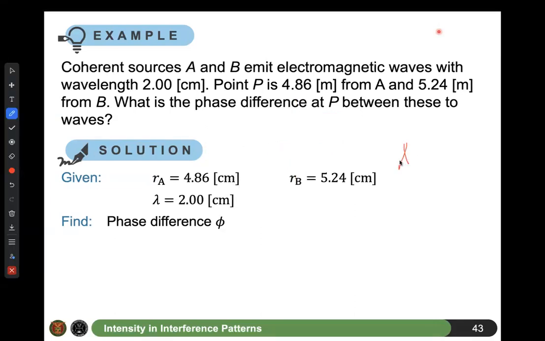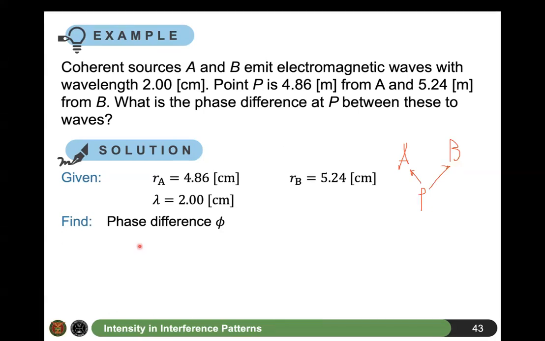Meron tayong source A. Meron tayong source B. And then, we are at some point P. So, given yung distance ni RA at RB. So, actually, ito na yung R1 and R2. Okay? Ito na yung R1 and R2. So, ang hinahanap ay phase difference. So, ano yung phase difference? Yun yung phi.